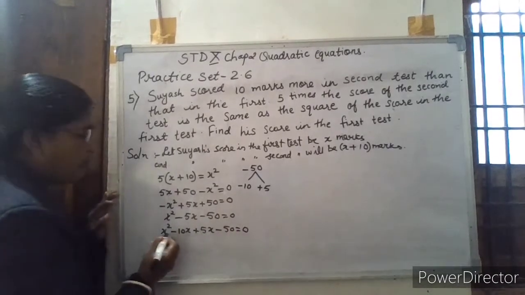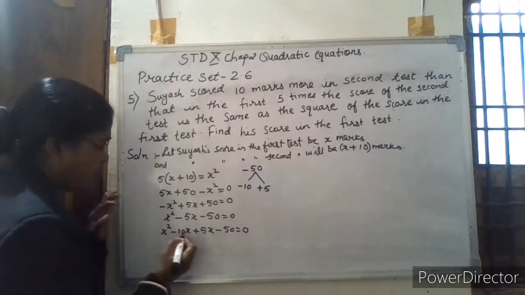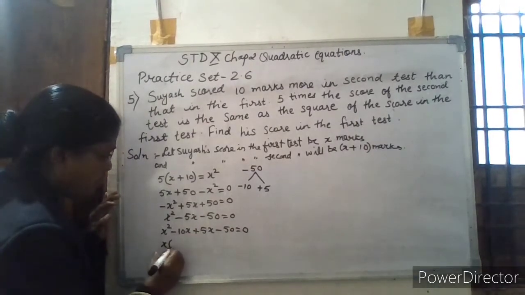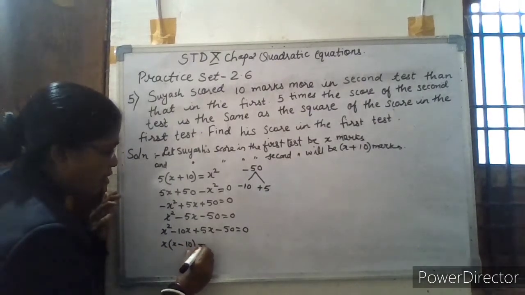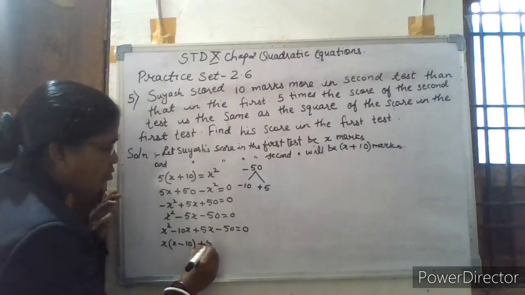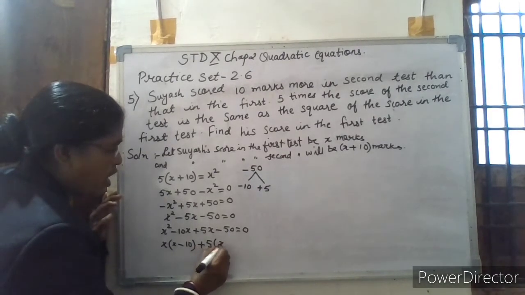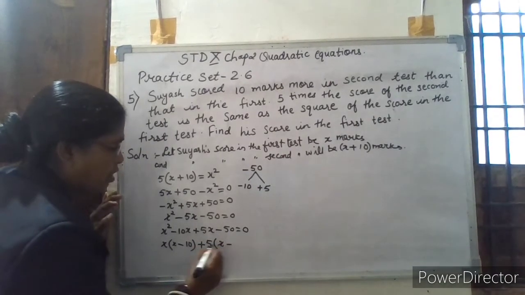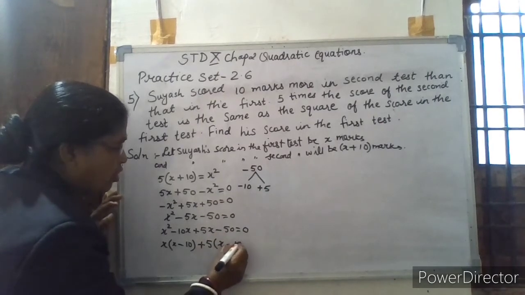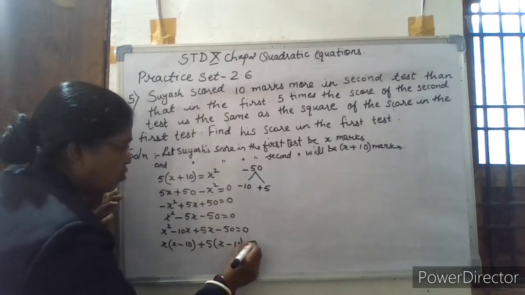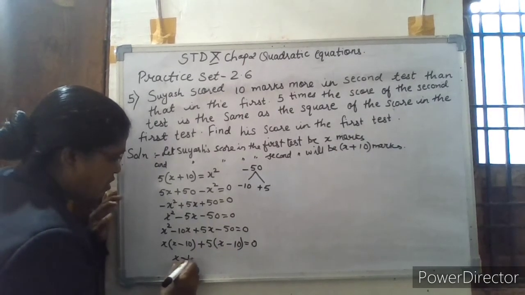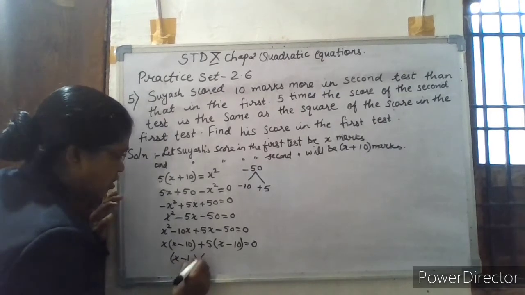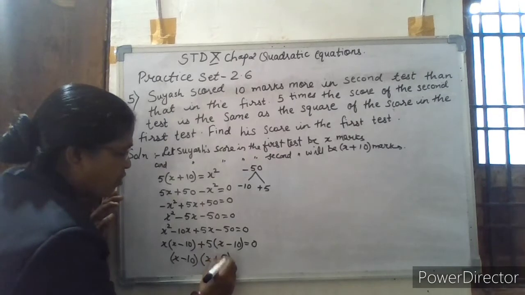We got 4 terms. Now from the first 2 terms, x comes out common, x minus 10 will remain here, then plus 5 is common into x, plus into minus is minus, 5 tens is 50, that is uncommon, equal to 0. We got the same bracket, so x minus 10 is one factor, the other factor is x plus 5 equal to 0.